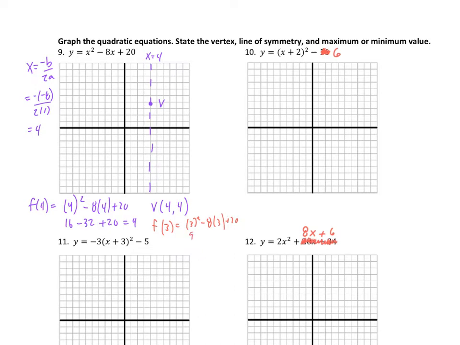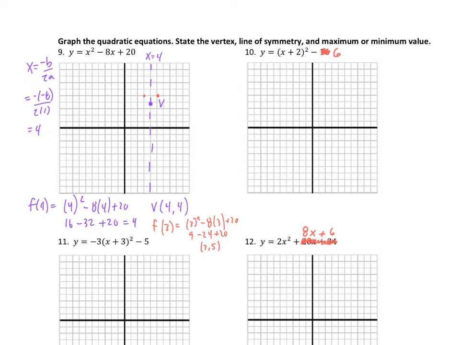So 3 squared is 9. 8 times 3 is 24 plus 20. 9 minus 24 is negative 15 plus 20 is 5. So plugged in 3, got 5 out. That will be 3, 5 would be here, and that would mirror over to here.